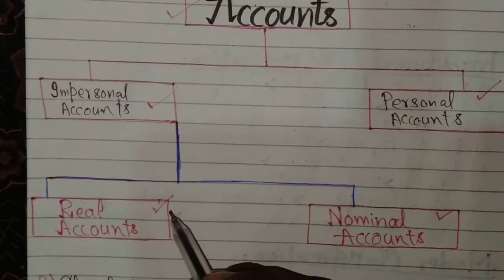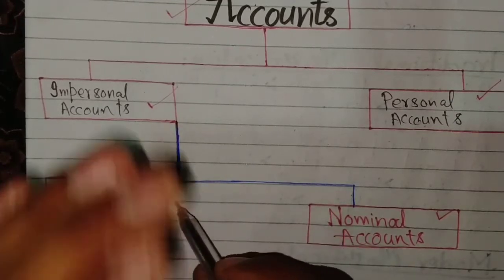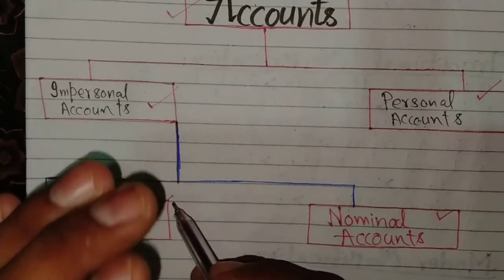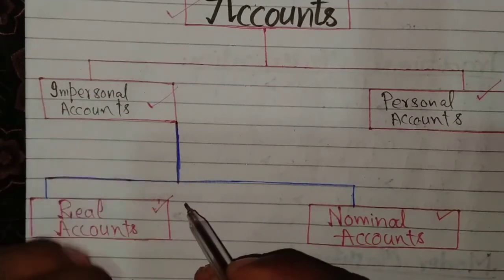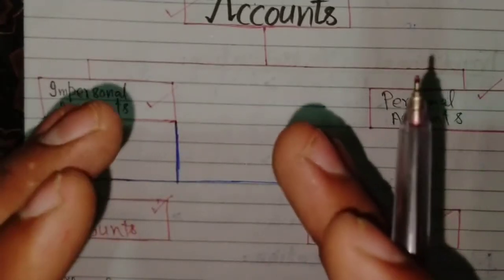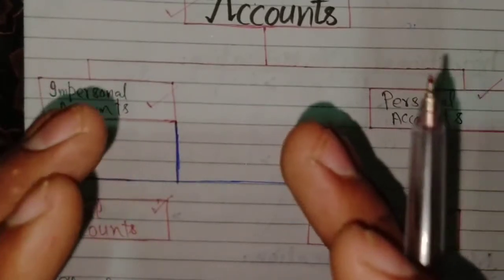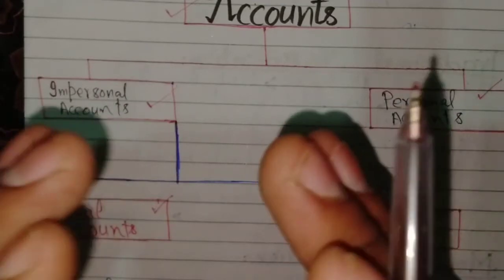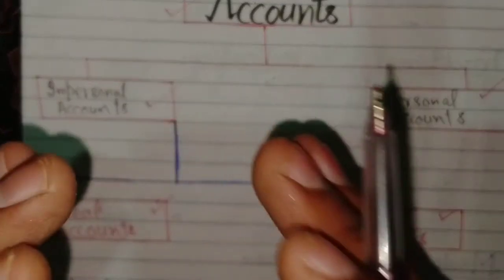Real accounts, also termed as permanent accounts, are the accounts that have their existence even after the close of the accounting period. In the next accounting period, these accounts start with a non-zero balance carried forward from the previous accounting period.